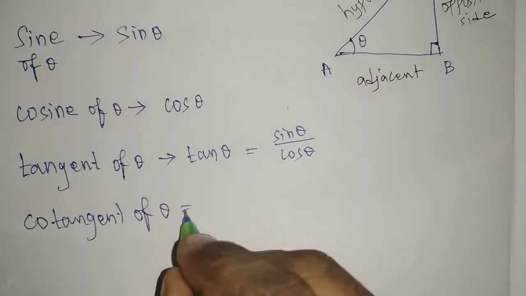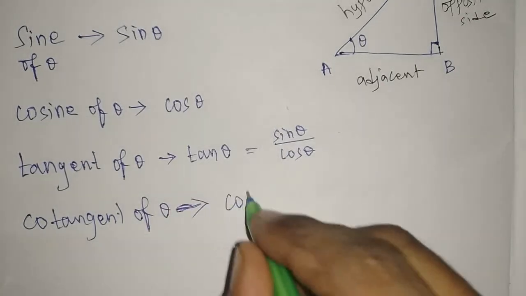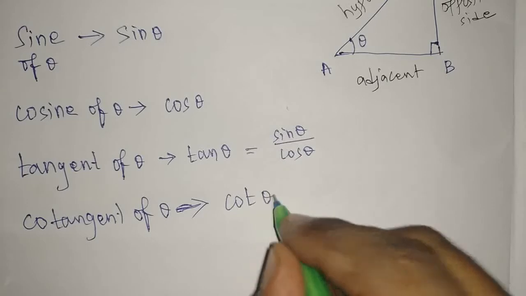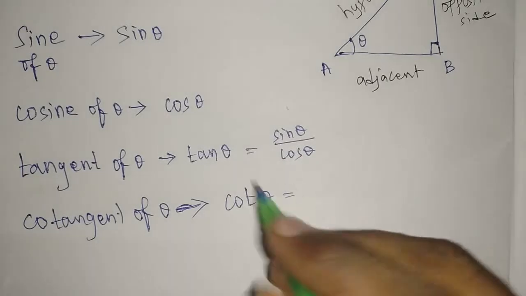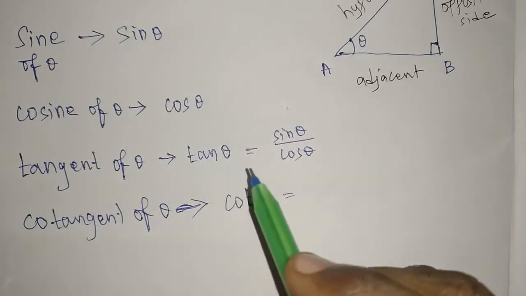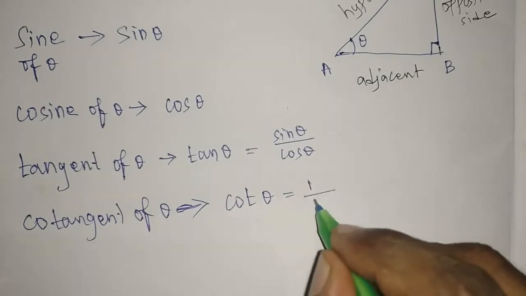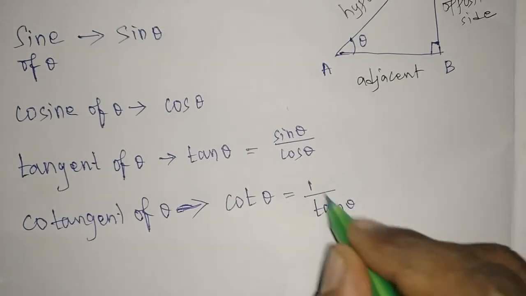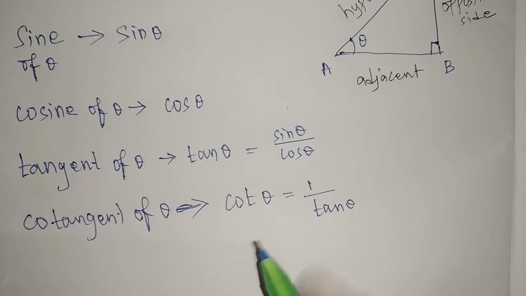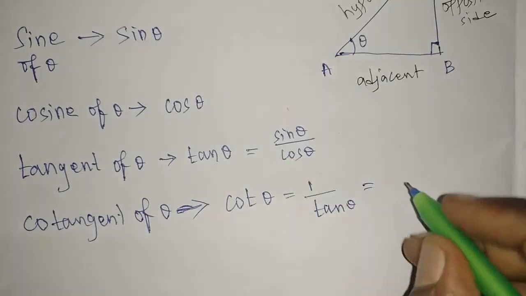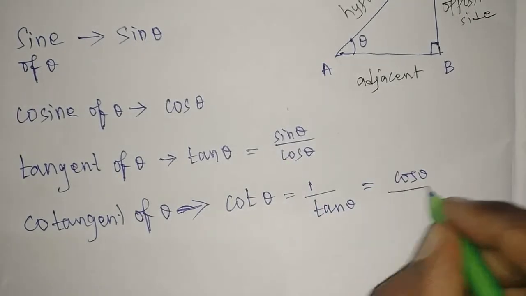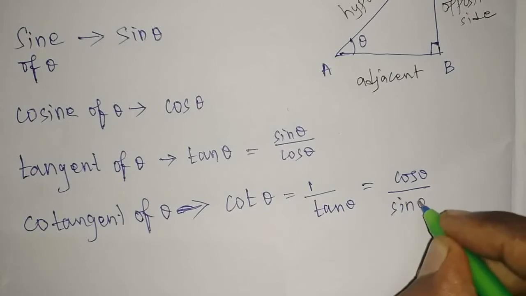Simply we read cot theta. This is the reciprocal of tan theta, 1 by tan theta equals cot theta. Which means you will get cos theta by sin theta.